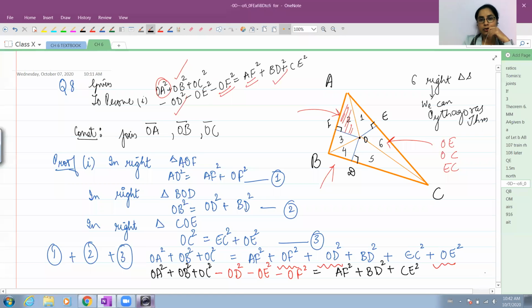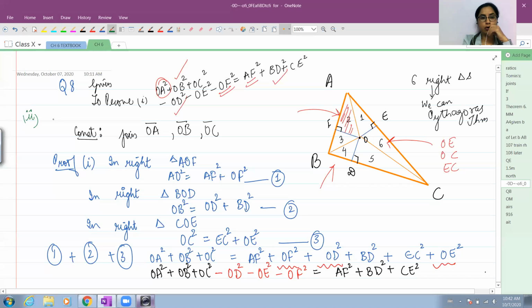Is that the same result we wanted to prove? Yes, ma'am. Right. Now, looking at the second result as the right hand side from the first part. Actually, the right hand side of the first part becomes left hand side in the second result. I'm going to write that result over here.